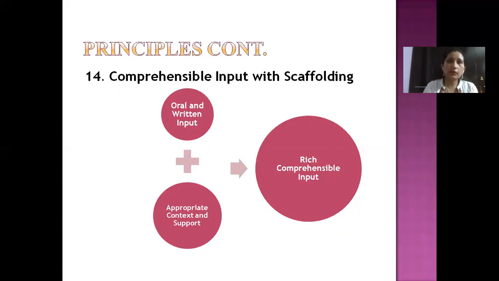For example, teachers can make their oral input more comprehensible by facing students while speaking so that the students can notice their movement of lips and mouth and can notice their facial expression. This will act as a scaffold, as a support for the child to understand the oral input.